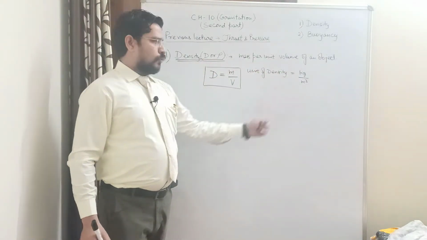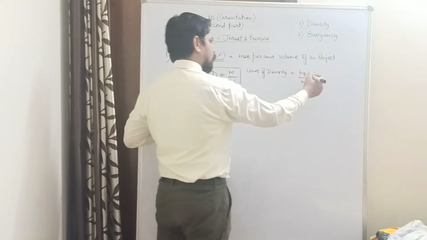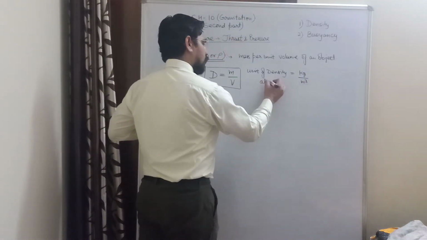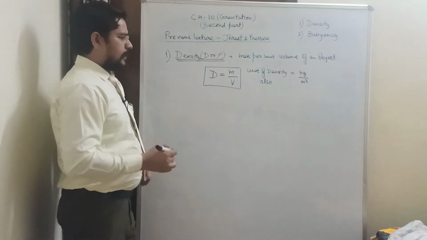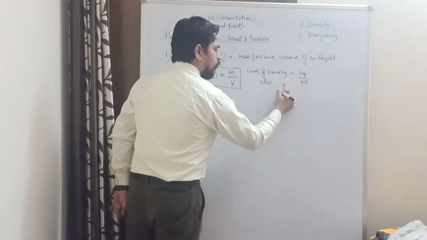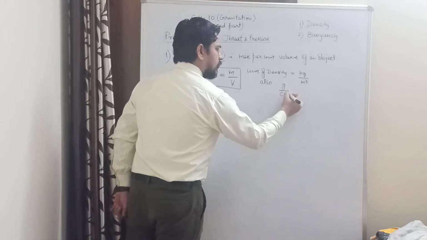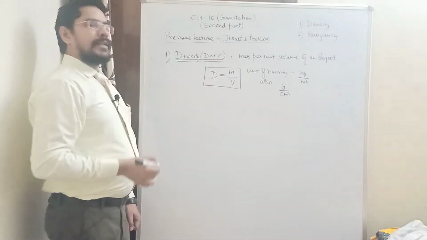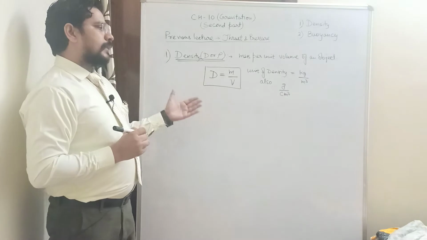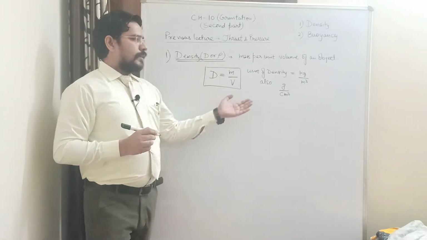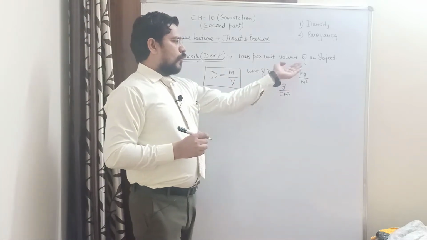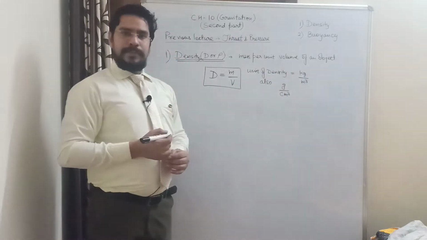So the unit of density is kilogram per meter cube. Also, mass can be expressed in gram and volume in centimeter cube, so gram per centimeter cube is also a unit of density. We can express the density of any substance in either unit.